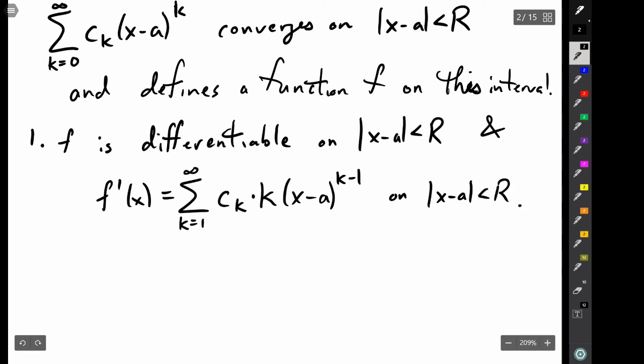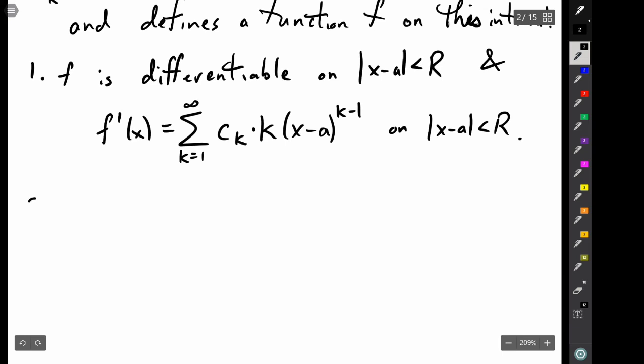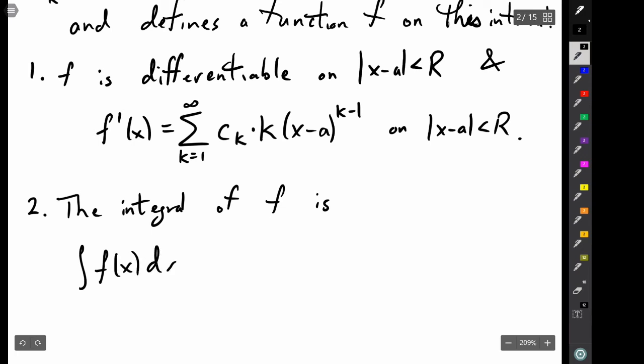Now, not only can we differentiate a series, we can also integrate a series. So we could say the integral of f of x dx.